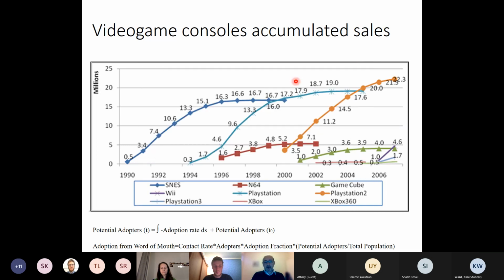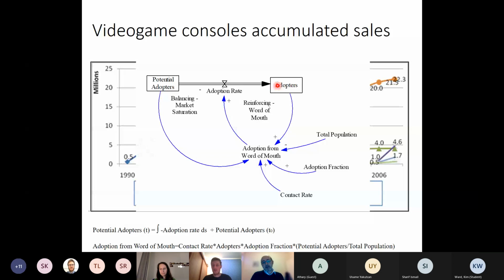And you see that this behavior that we see in these systems, in this case, arises from two feedback processes.